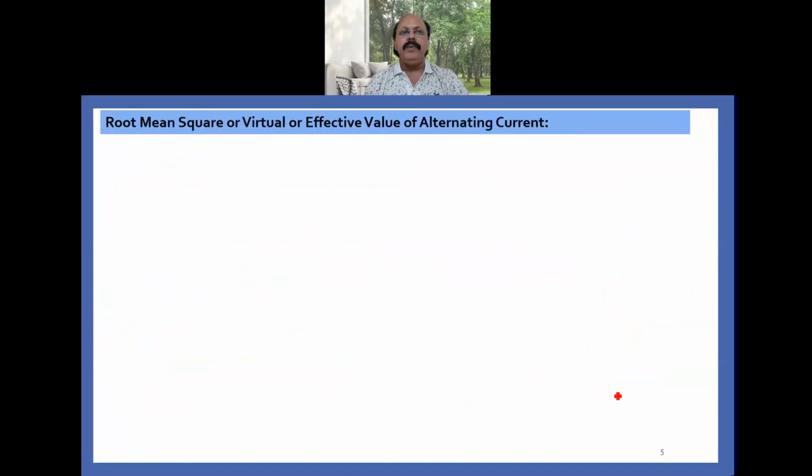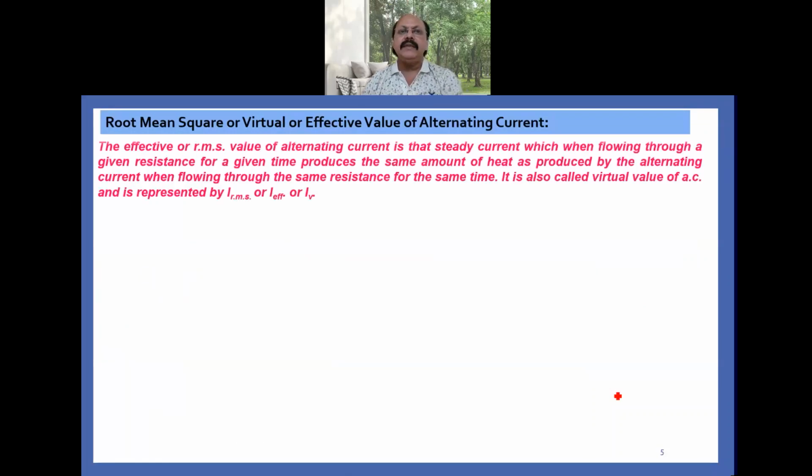Now the another topic is root mean square or virtual or effective value of alternating current. Now it is defined as the effective or RMS value of alternating current is that steady current or constant current which, when flowing through a given resistance for a given time, produces the same amount of heat as produced by the alternating current when flowing through the same resistance for the same time.